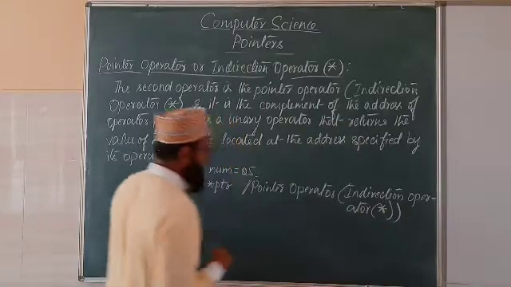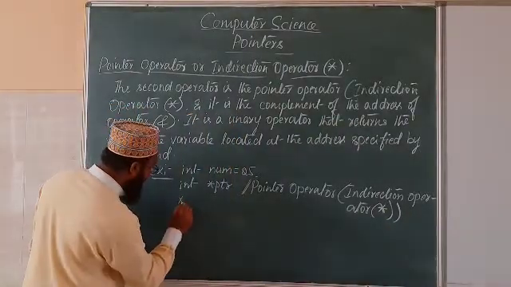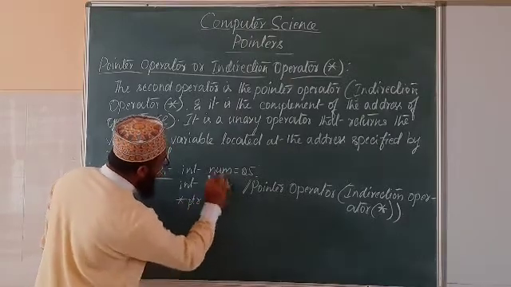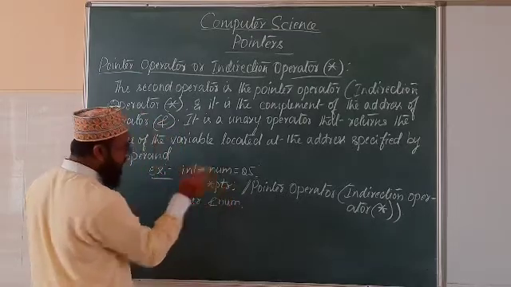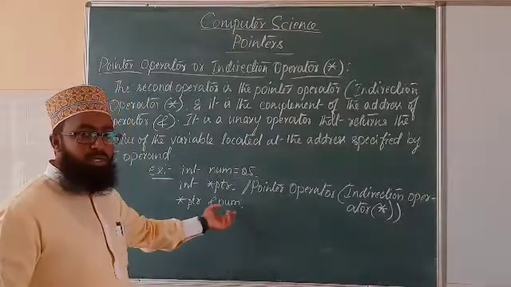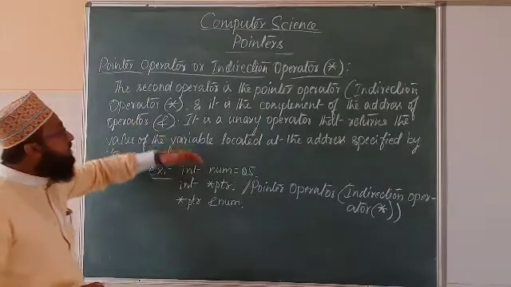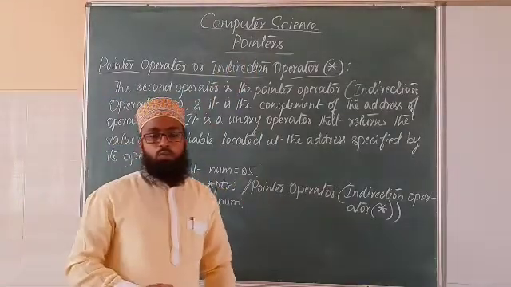Then this pointer operator stores what? The location of num, whereas the address of operator stores the address of num.